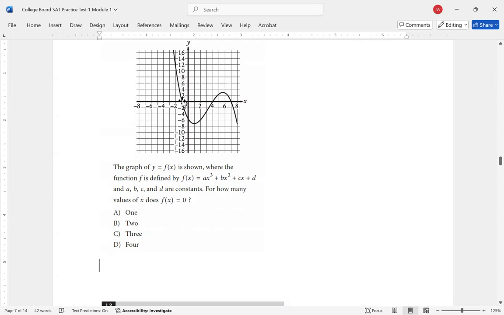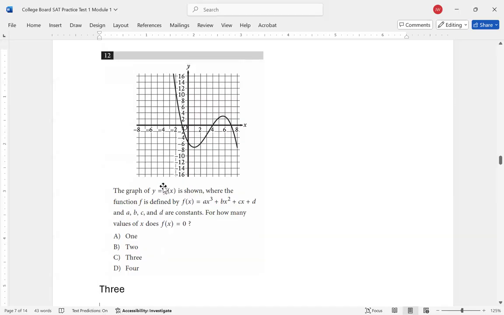Since there are 3 places where our function crosses the x-axis, there's 3 places where f of x is equal to 0. So the correct answer there is C, which is 3. Crosses the axis in 3 different spots. So that's the answer to question 12.